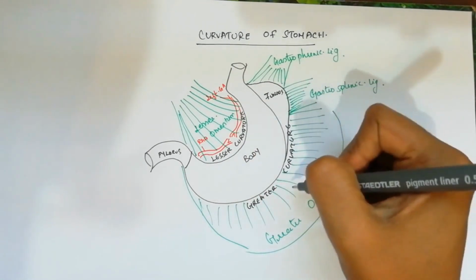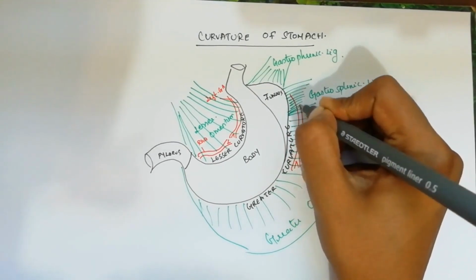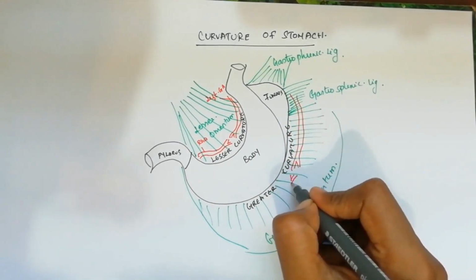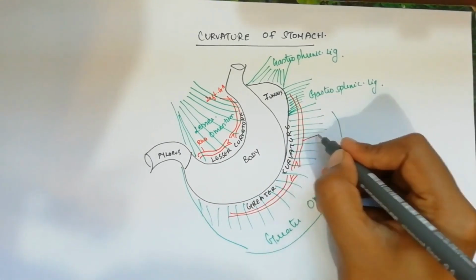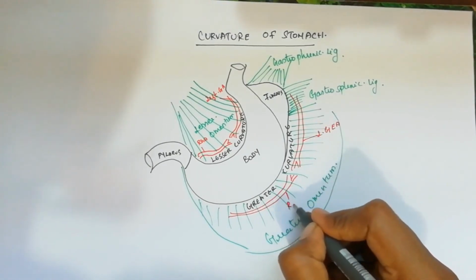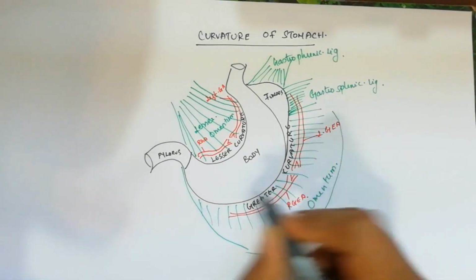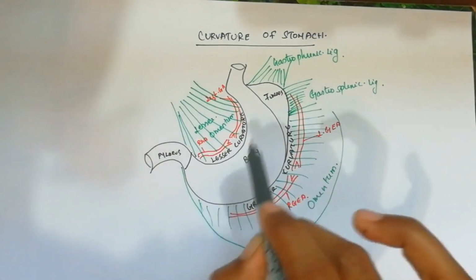In the same way, near the greater curvature we have two more arteries anastomosing. Those two arteries are the left gastroepiploic artery and the right gastroepiploic artery. So this is how the curvatures relate to their attachments.